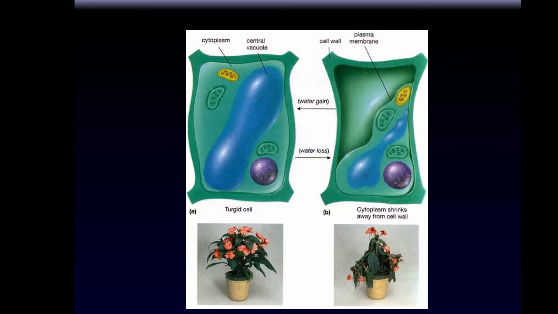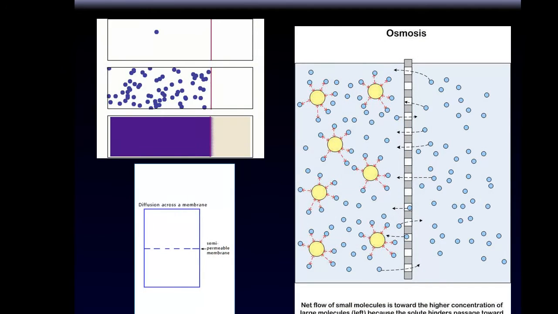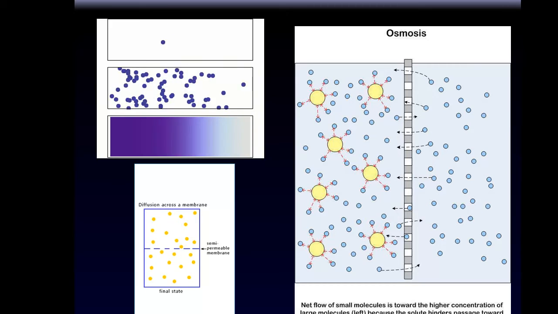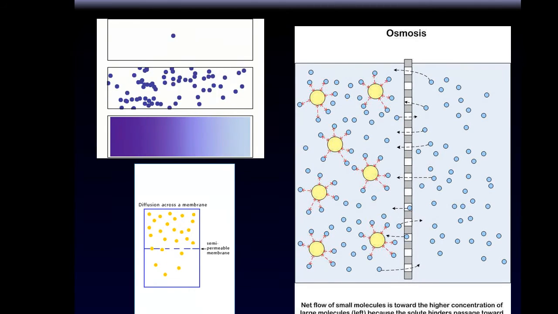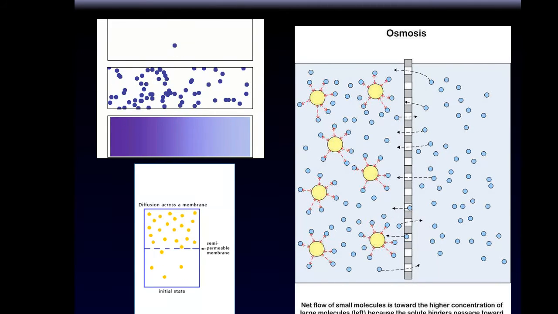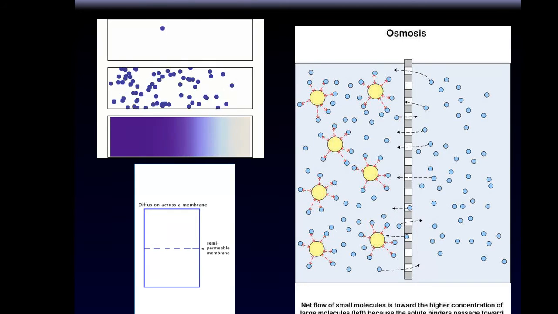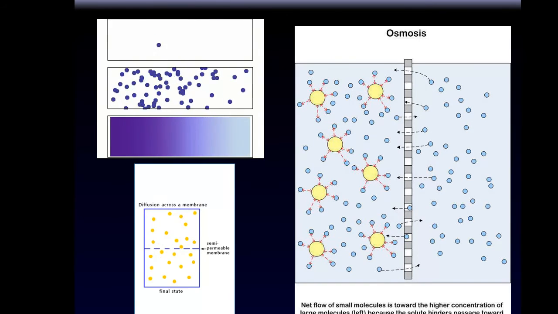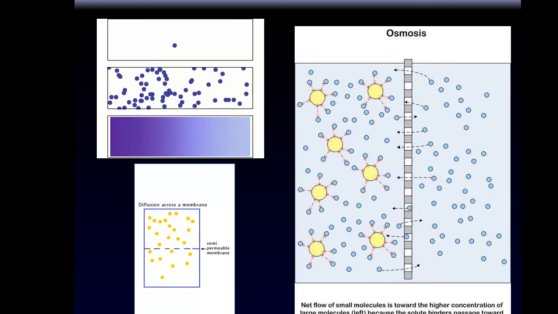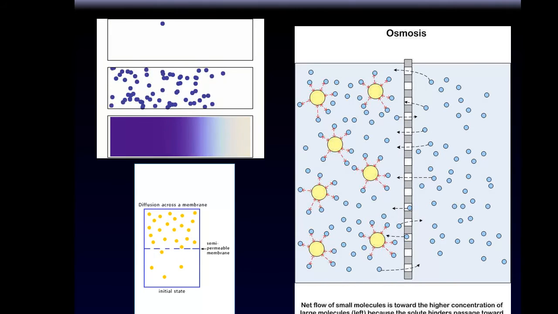Okay, so here's a normal plant. Here's a wilted plant because of this. The central vacuole is shrunken because it's dehydrated. Alright, so far so good. What's going on in this picture? I wonder. So this is osmosis. Okay, same thing as review. Water will move from the area of higher concentration to the area of lower concentration.